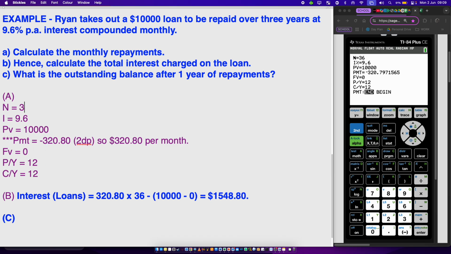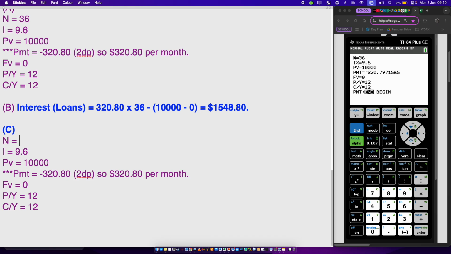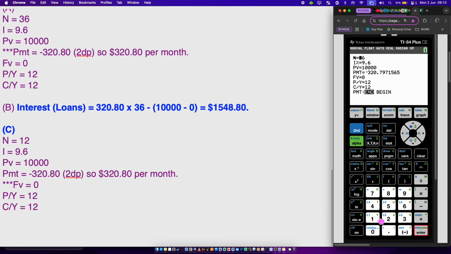So now, what I'll do, sorry, I'll need to copy and paste that. I'll change that to 12. I know what the payments are. Now we're working out how much do I owe at the end of 1 year. If I change that to 12, negative 320.80, alpha, enter.